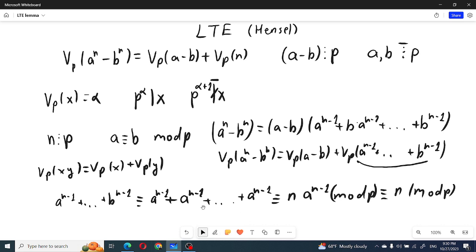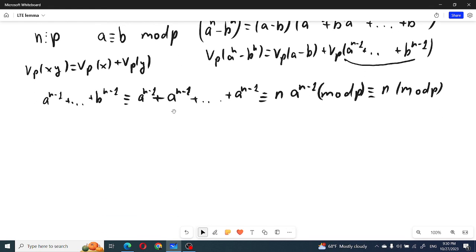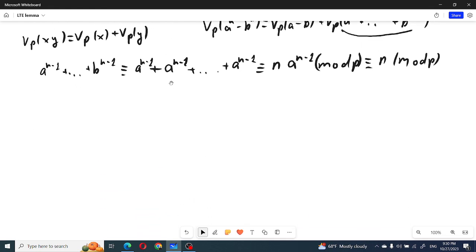And now let's discuss the case when n is divisible by p. In this case, we can discuss several versions. We need to count a to the p minus b to the p, and we need to show that this equals Vp of a minus b plus 1.